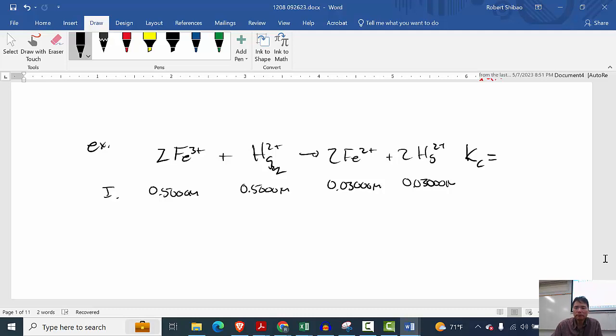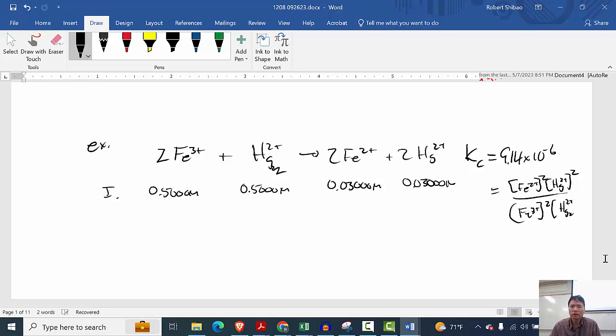So K is given as 9.14 times 10 to the minus 6. So what does this favor? Well, the Kc expression is going to be the products: the iron 2+ concentration at equilibrium squared times the mercury 2+ concentration squared, divided by the iron 3+ concentration squared times the mercury 1 concentration to the first.